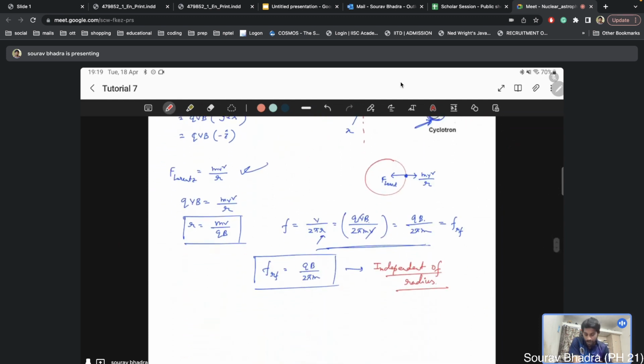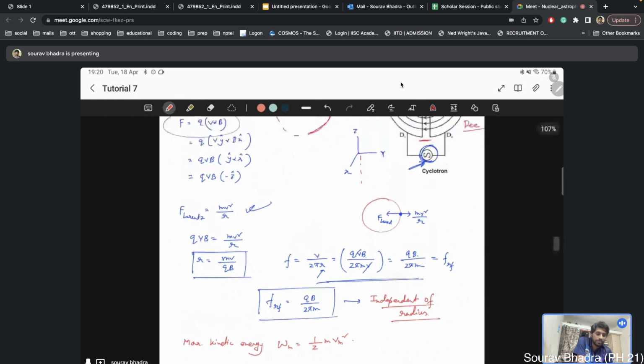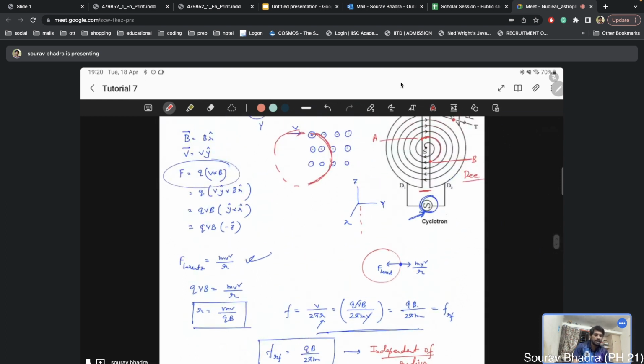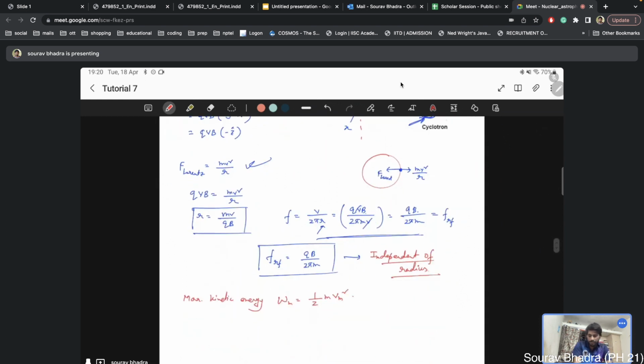Now from here you can calculate the maximum kinetic energy. What will be the maximum kinetic energy of the particle? So that is Wm, which we write as half m Vm square. That means Vm is the maximum velocity, which is the velocity at the last circle, and m is the mass of that particular ion or atom, whatever that is.